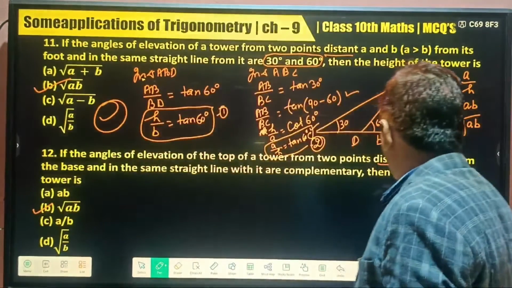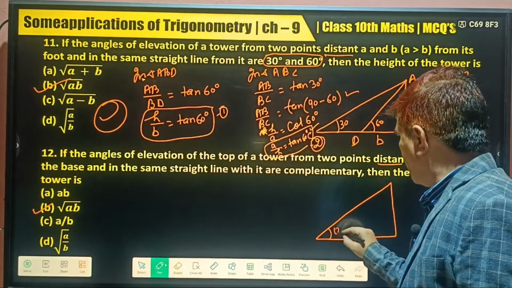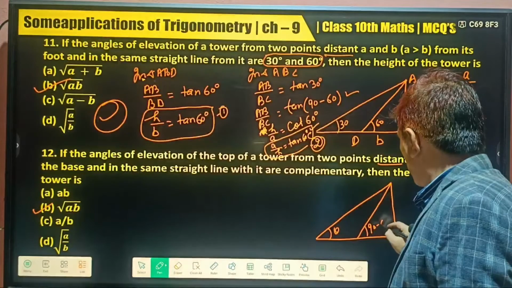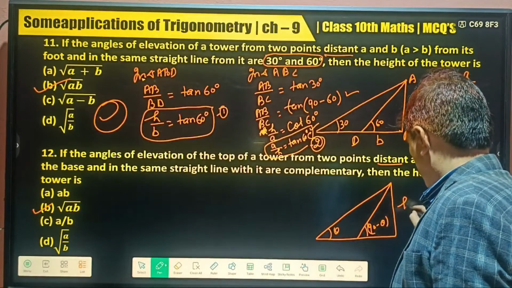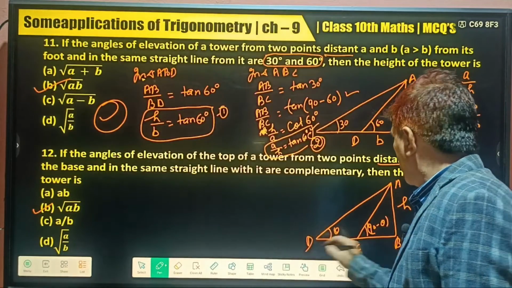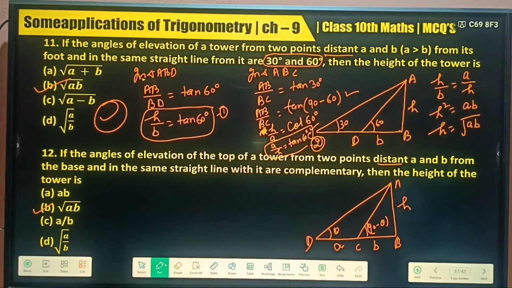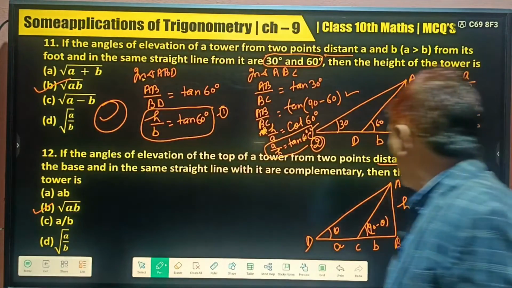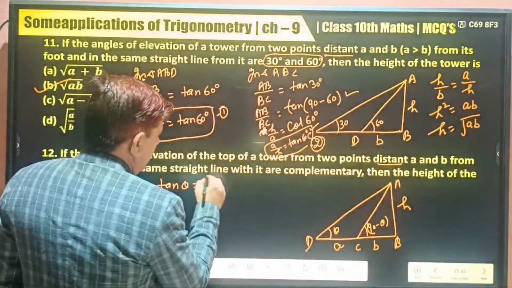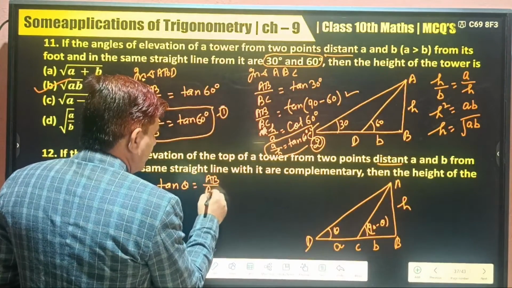Here you can see the figure is like this. If one angle is theta, then the other angle is 90 minus theta. This you can say H, A, B, C, D. This you can say B, this you can say A. Again in the same process, tangent theta is equal to AB by BD.